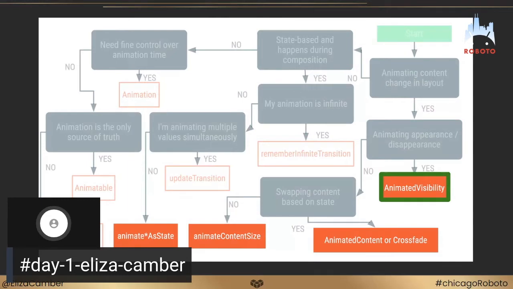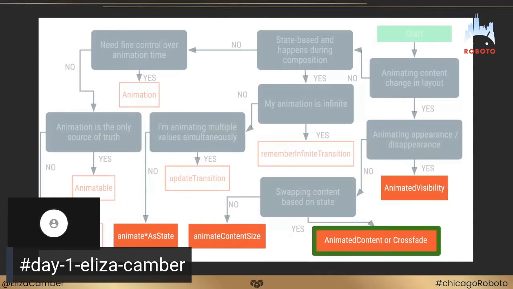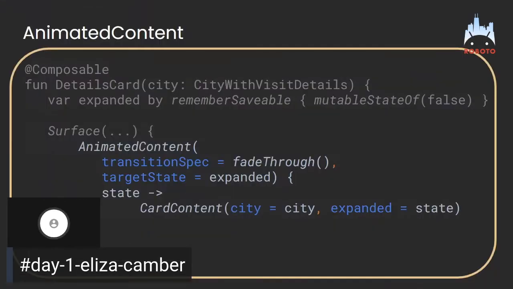All right, so now that we've seen AnimatedVisibility, let's go to AnimatedContent. AnimatedContent is also high level, so that means that we're going to use it as a composable. We use it over here, AnimatedContent. We can have a transitionSpec. That transitionSpec is basically what kind of animation, what kind of transition we want to have.